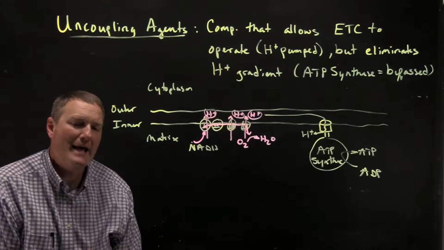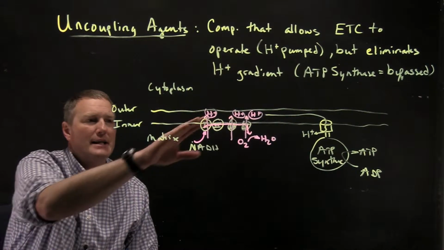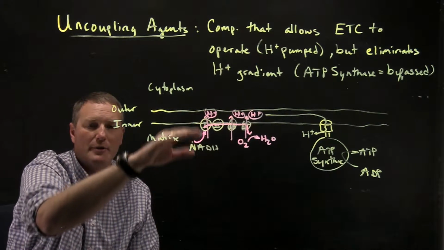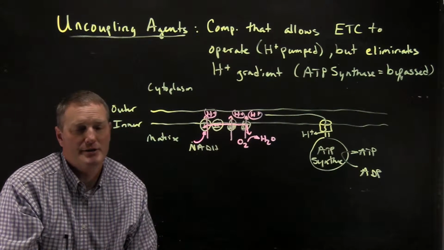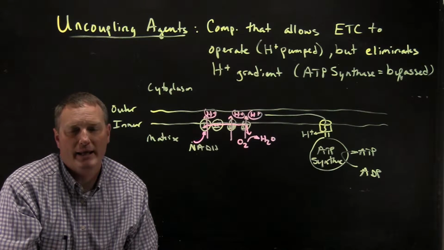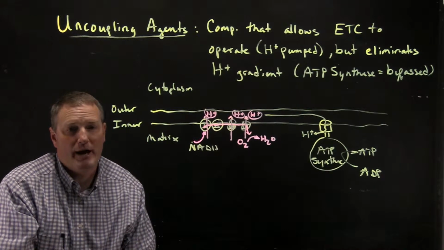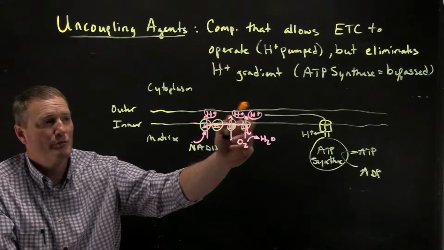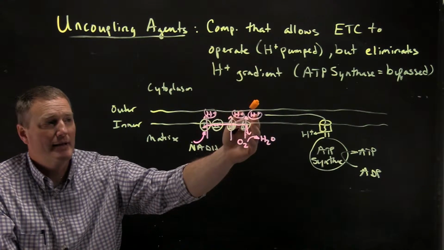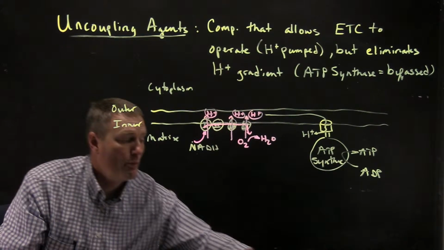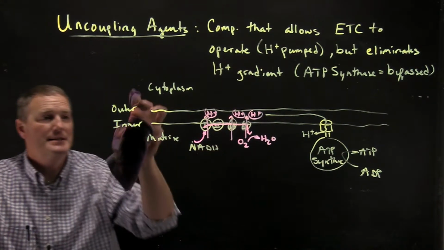But what if we were to add something that could, instead of allowing the protons to go through this channel, come across the inner membrane all on its own? That's what a chemical uncoupling agent does. It is a compound that basically grabs a hold of protons and can allow them to diffuse across the membrane, basically bypassing the ATP synthase.